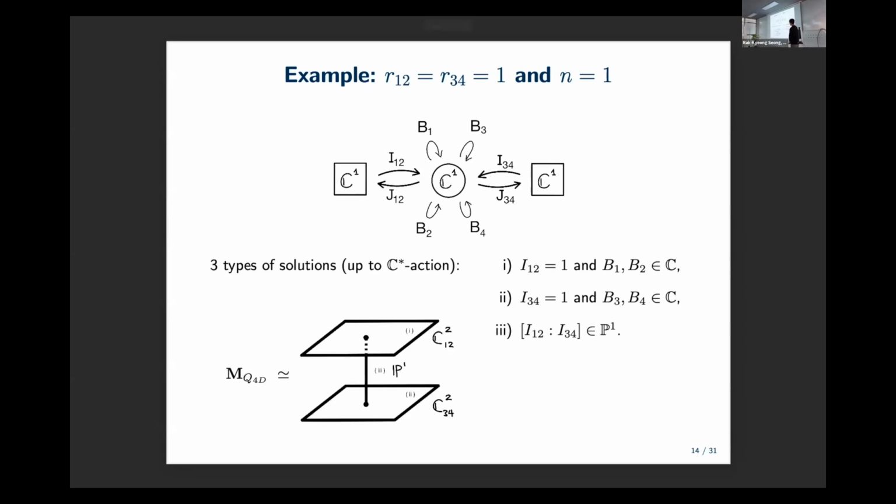So the moduli space in this simple case becomes like this. The classical solutions give a plane which corresponds to the Hilbert scheme of 1 point on C12 and another copy of the Hilbert scheme of 1 point on C34. But then they are connected by this new solution which records the ratio of these I maps. So that's what the moduli space looks like in this simple case.